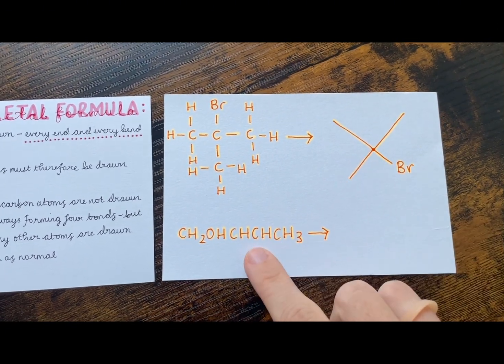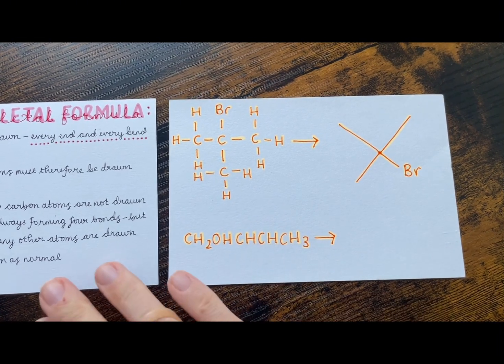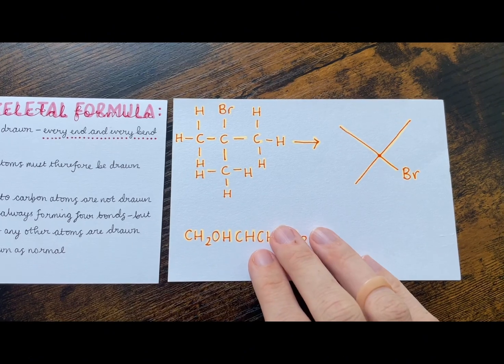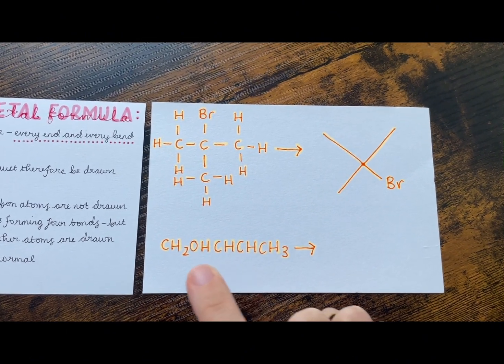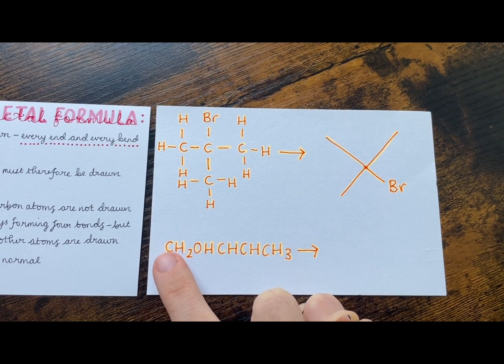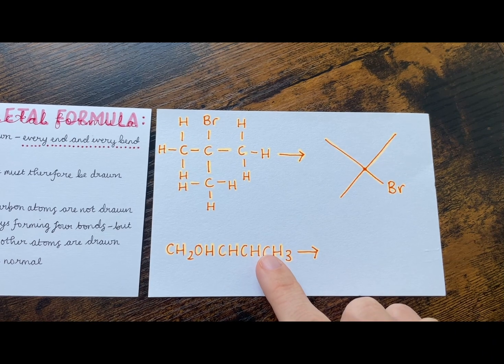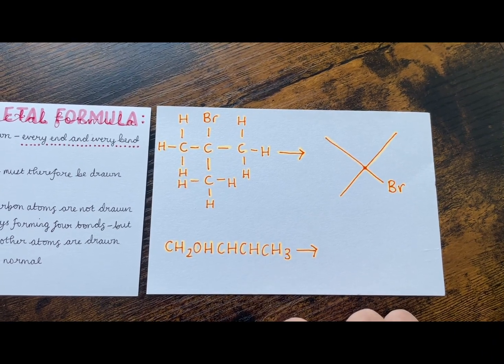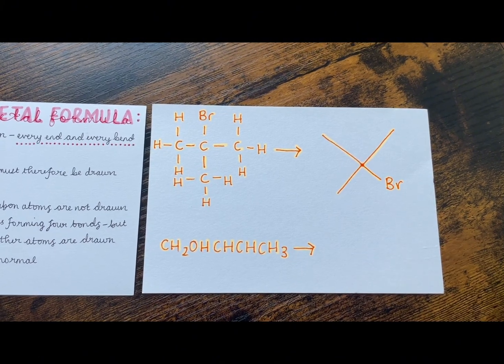Now, as I said, for this structural formula, you may be best drawing it out as displayed first, which I will do using sticks underneath in a second. But it's not necessarily essential that you do that, because you can still work out how many carbons you have. 1, 2, 3, 4. So I need to make sure that my zigzag would go down, up, to give me my 4 carbons.